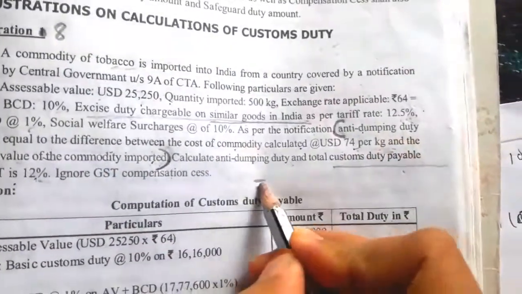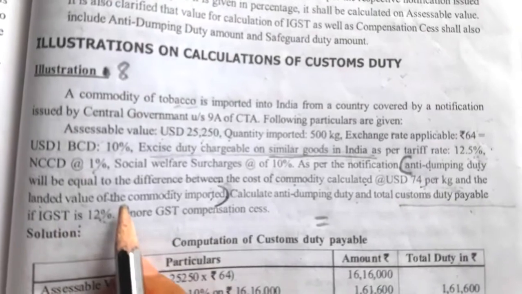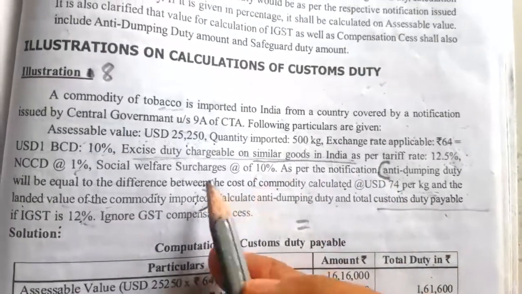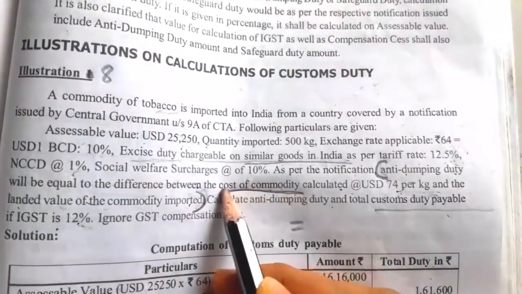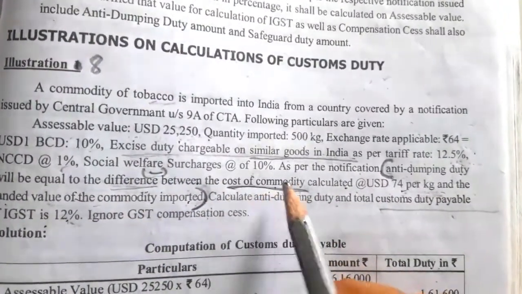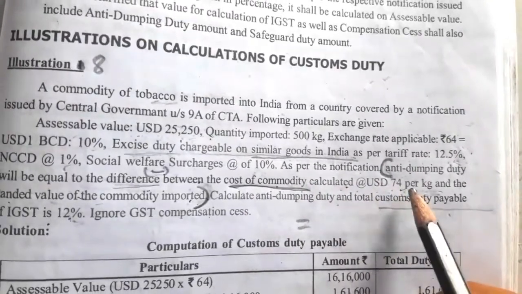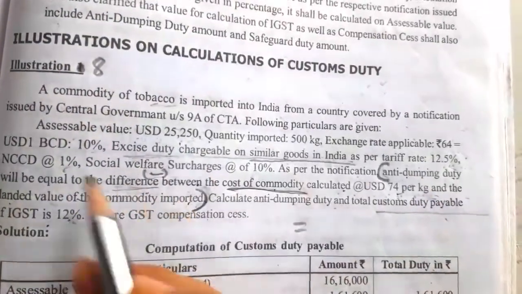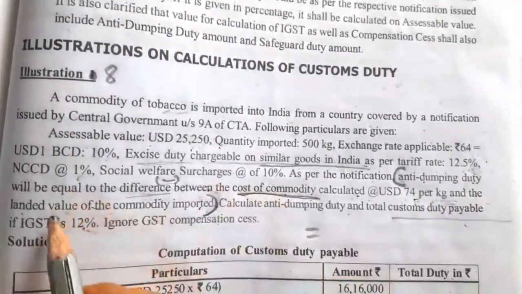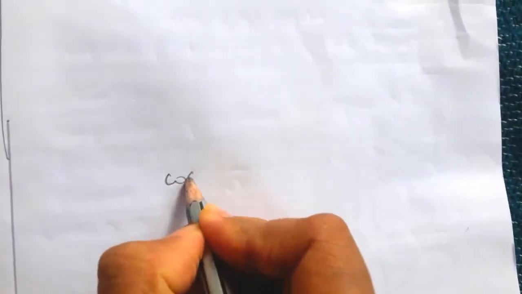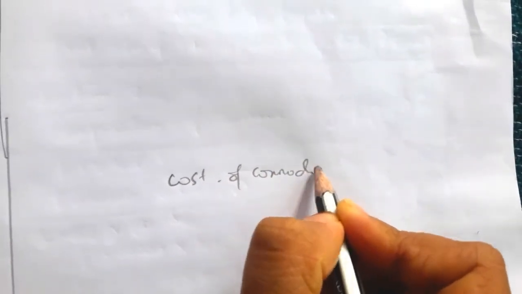Anti-dumping duty will be equal to the difference between the cost of commodity calculated at $74 per kg and the landed value of the commodity imported.